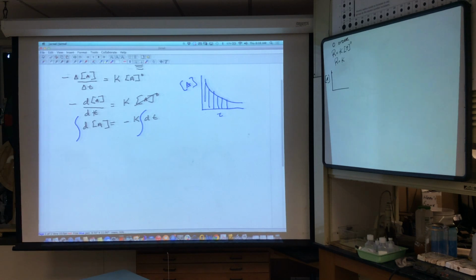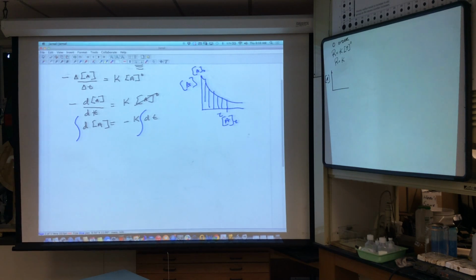One point is going to be from A initial to A final. So this point here where I start would be A initial, and this, where I stop, would be A of some time period, which is A final.